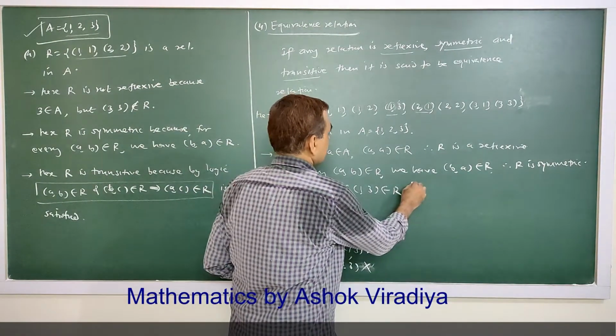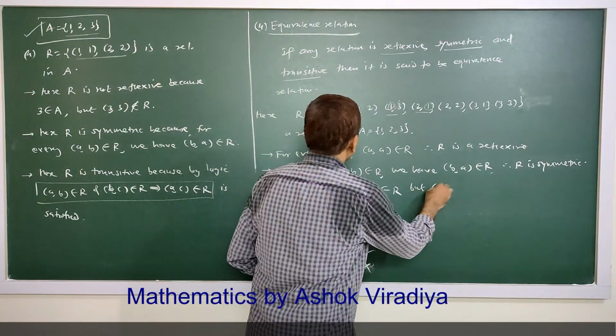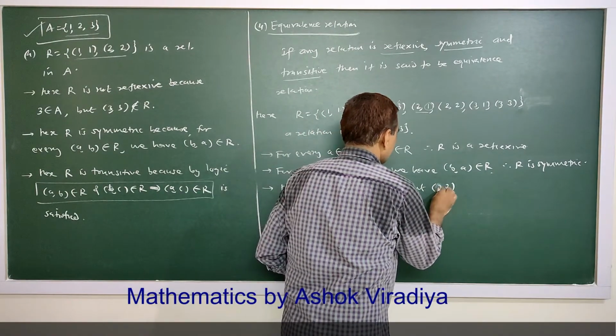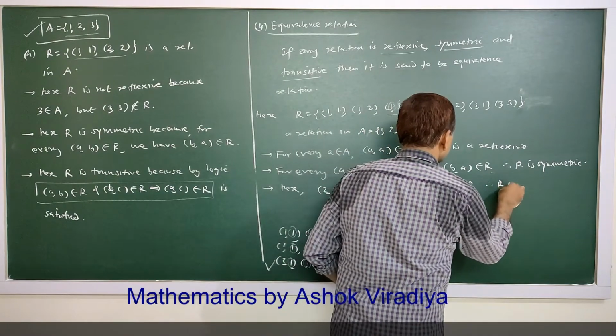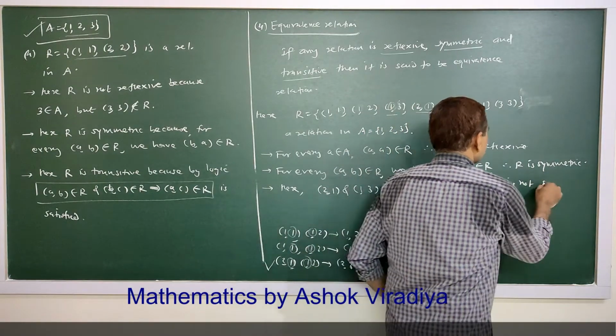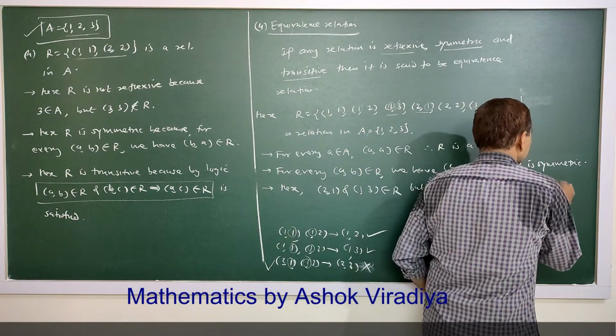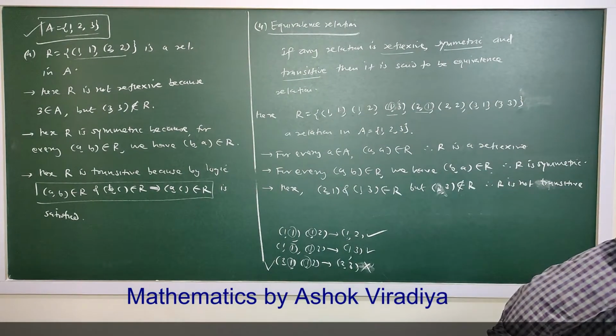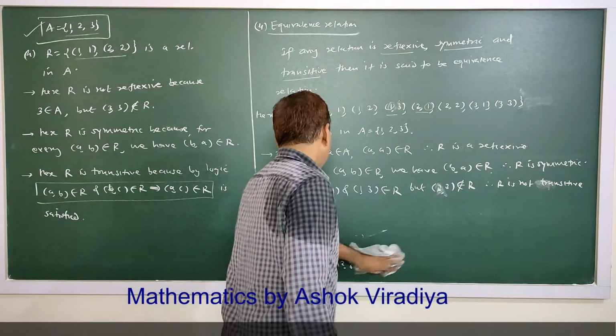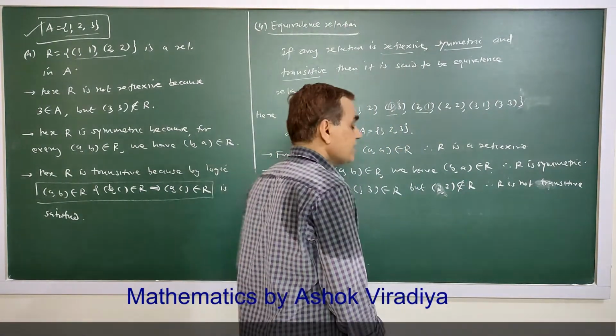But (2, 3) does not belong to R, therefore this is not transitive. Because all three conditions are not satisfied, this is not an equivalence relation.